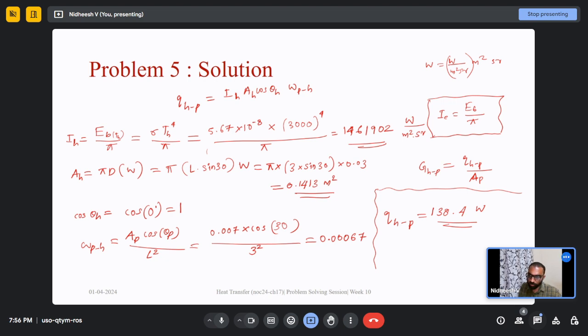Where D, okay, this is not D, right? This is only the radius, so I should multiply it by a factor of 2. So the area, 0.2826 meter square, also gets multiplied by a factor of 2.